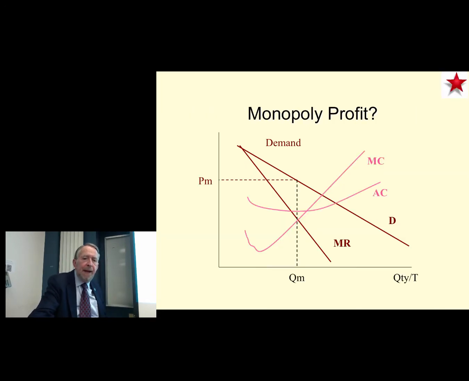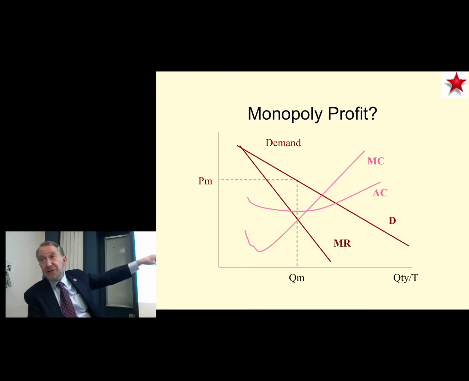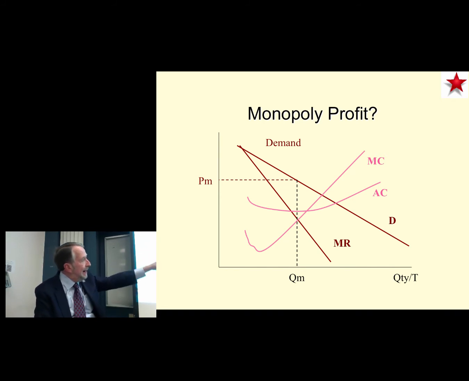So the question that I was addressing before is, don't be confused about market power versus profitability. Profit is price minus average cost. And average cost could be anywhere along there. It could be down here. It could intersect marginal cost up there. It's a totally different data set from the demand and marginal revenue function.